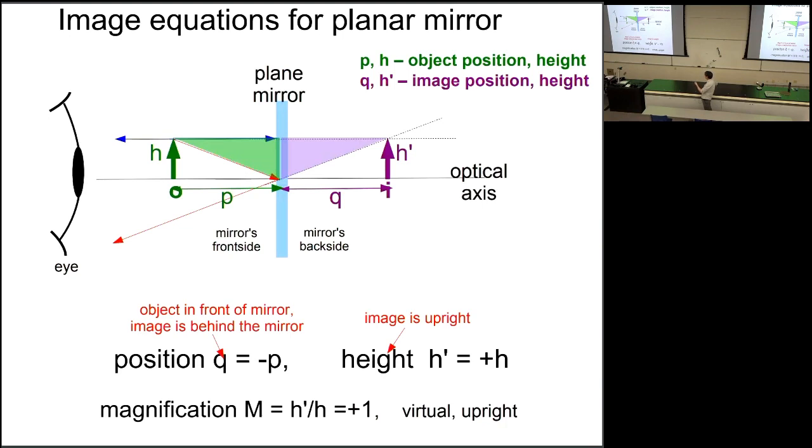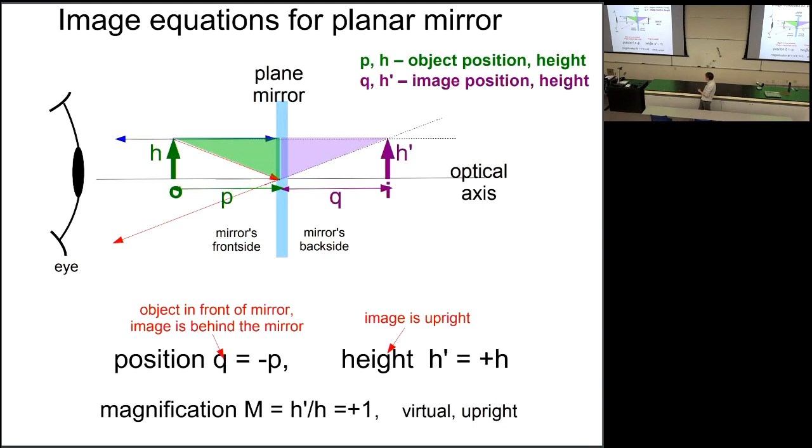So from this bit of geometry of two identical triangles, we're able to conclude that the position of the image, we call that q, is an equal distance behind the mirror that the object is in front of the mirror. We call that object distance p. And that the height of the image, h prime, is equal to the height of the object.